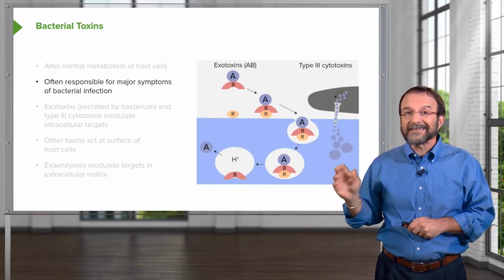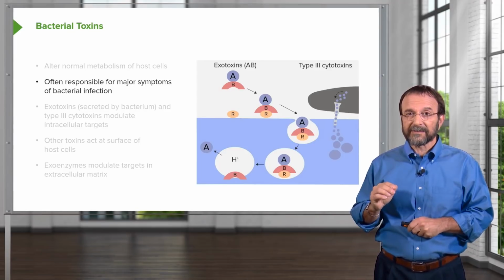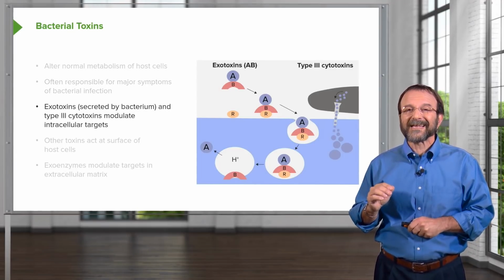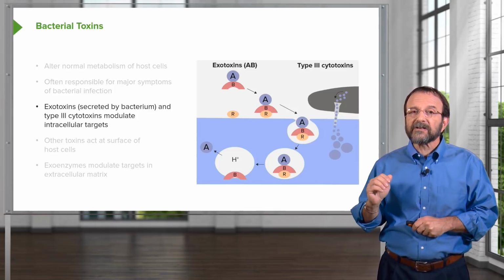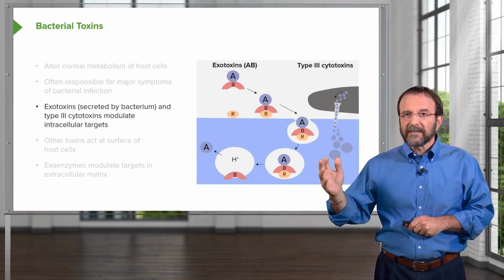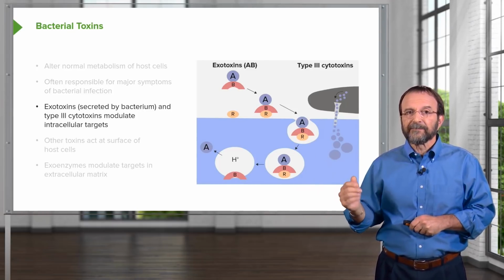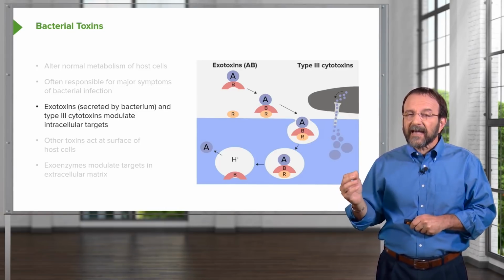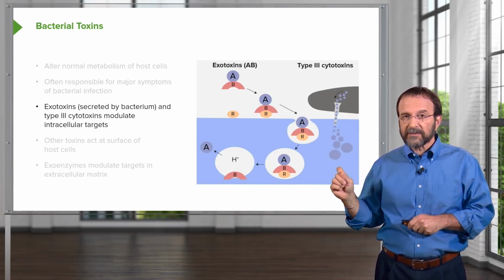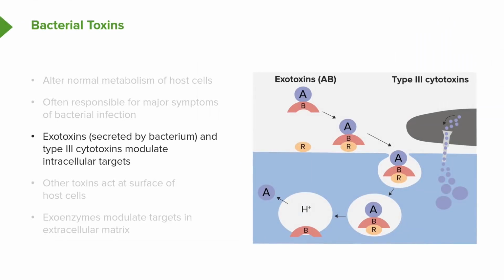Now, we recognize different classes of bacterial toxins. Some are called exotoxins because they are secreted by the bacterium into the extracellular environment. These exotoxins shown on this picture have a typical A-B structure. They have separate subunits, consisting of an A component and a B component.